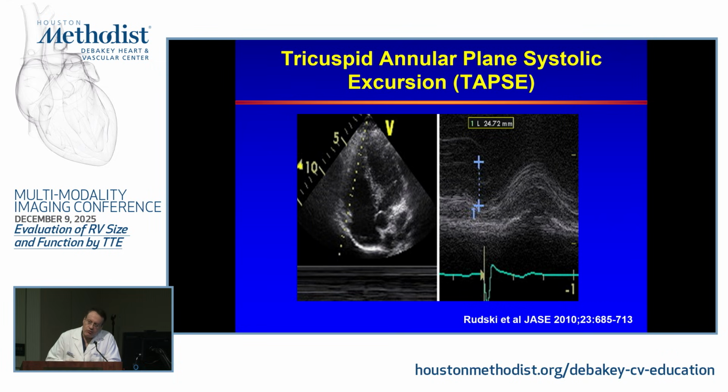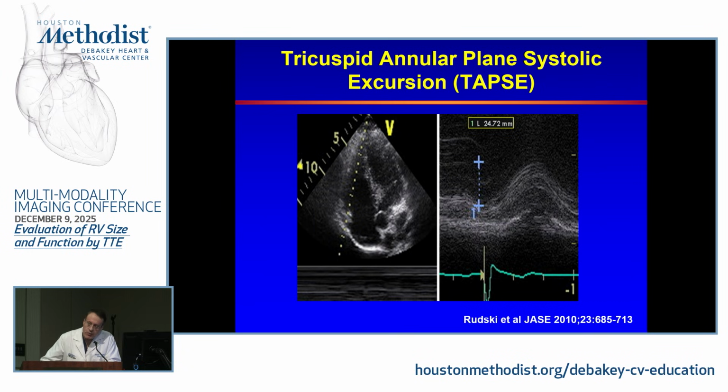Some investigators have looked at TAPSE as an index of systolic function and tried to relate it to the pulmonary artery pressure or afterload to look at RV-PA uncoupling. The idea of coupling and uncoupling is important. The question is, is this the best index of RV systolic function that detects problems or not?